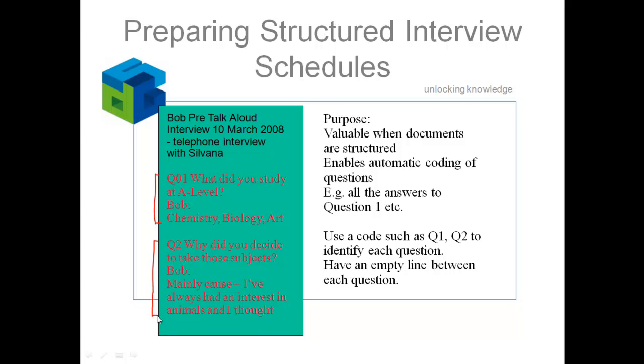So just to recap, for structured interview schedules where all the question ones are the same and all the question twos are the same, you need to have a unique identifier for each question, such as Q1, Q2, Q3, and you should have a blank line.